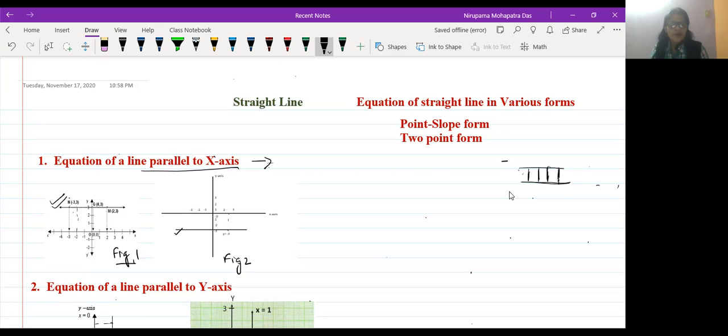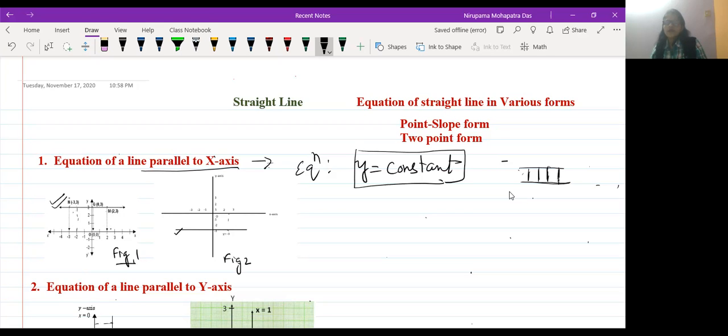So the equation of a line parallel to the x-axis is y equal to constant. If the constant is positive, the line is above the x-axis.